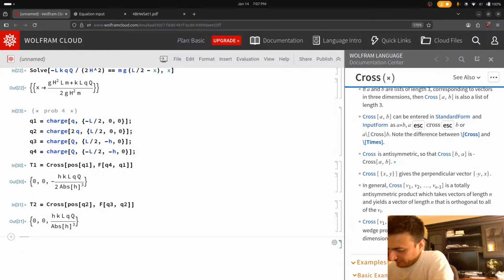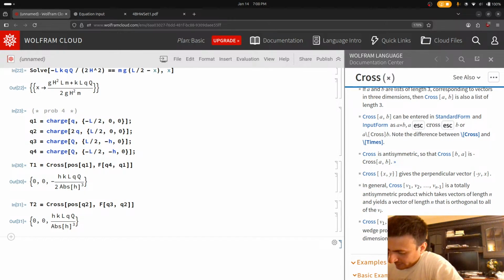F_ER is basically the same thing, except it's 2k Q big Q over H squared times (0, 1, 0). Same logic.